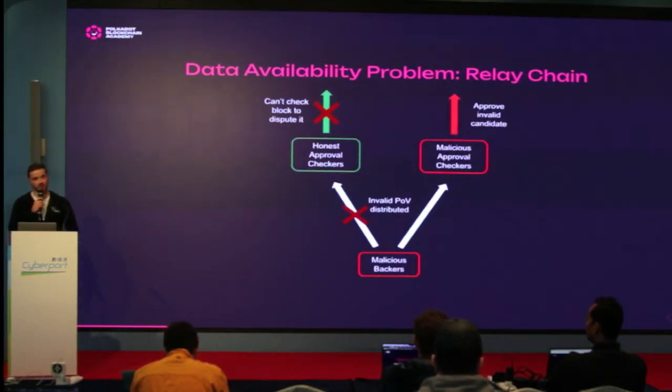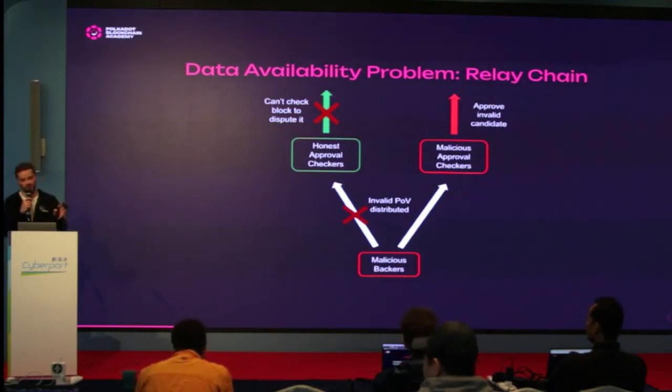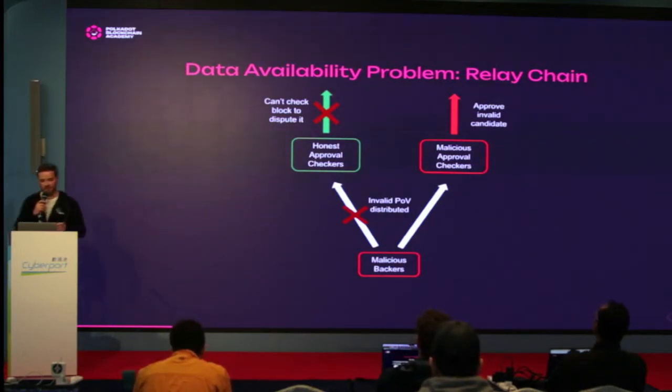All right, so I described a problem that data availability can solve on the parachain side, but there is also a problem that data availability can solve on the relay chain side. So in this case, instead of a collator withholding its blocks from other parachain nodes, we're going to have a malicious backing group.